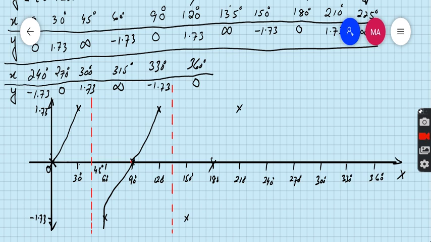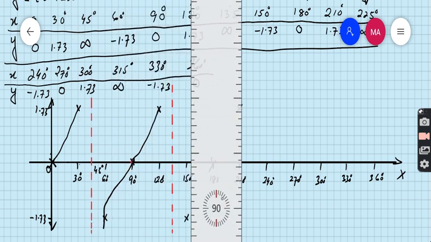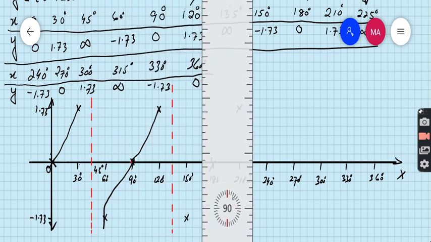Again draw the red line. What is the size of this line? You can draw a line of any size because this is undefined.